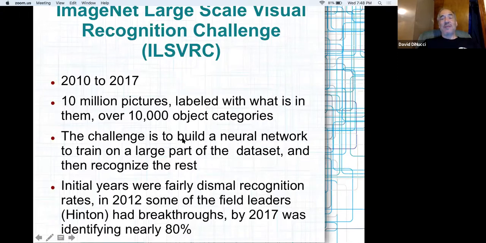And that's when some people started coming up with some extra good techniques. And I'll mention a few of those in the next slide. And by 2017 or so, the recognition was up into the 80% or so. And now these neural networks can do about as good as humans in recognizing what's in these pictures.